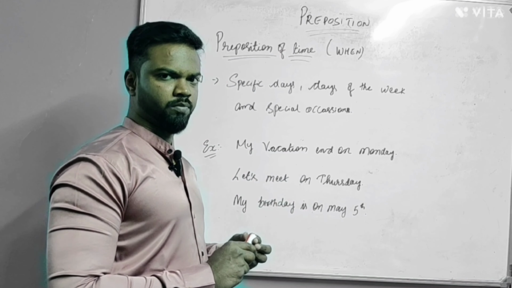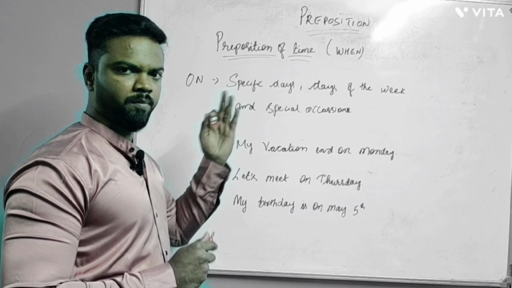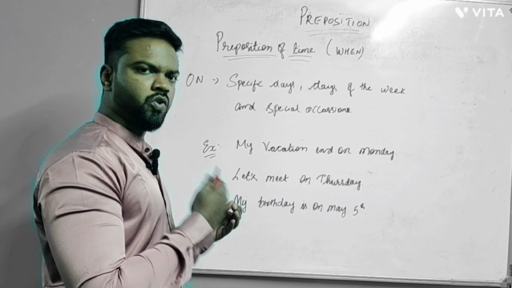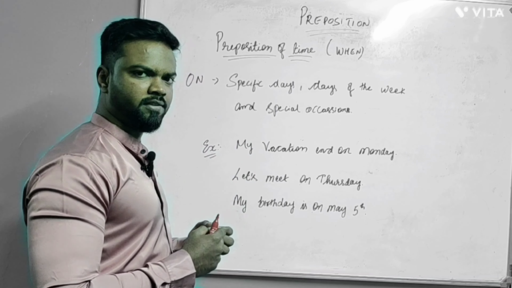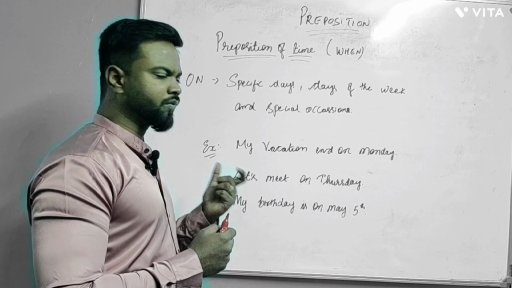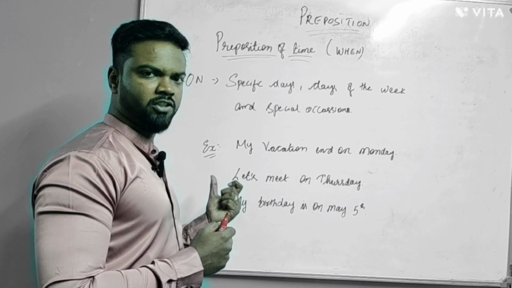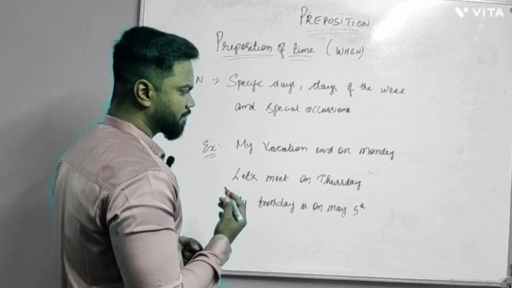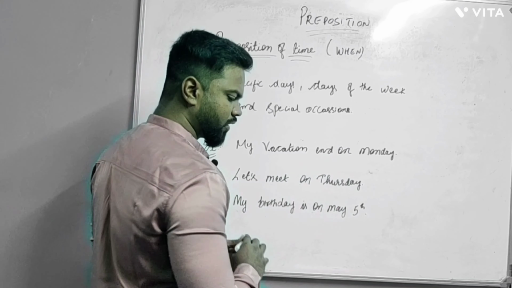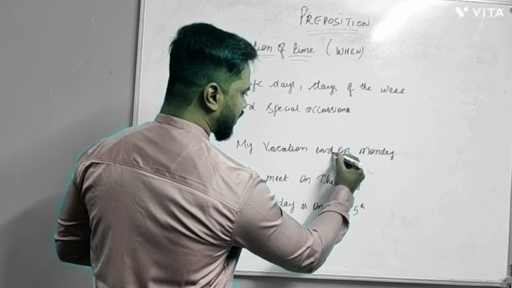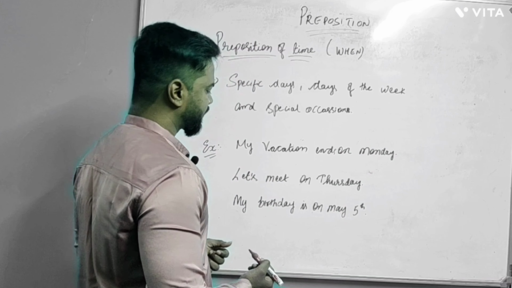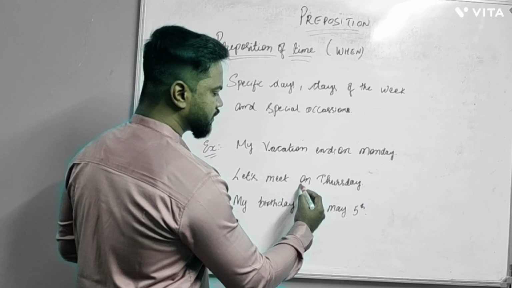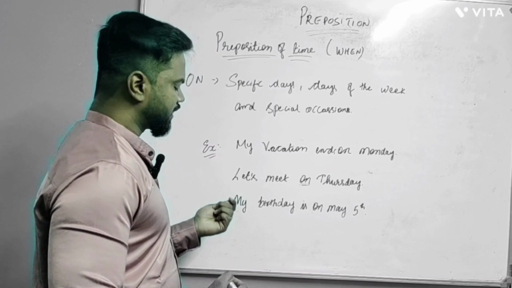Now let's move on to the next preposition, on, under preposition of time. We use on for specific days, days of the week, and for special occasions. Let's look at these examples. My vacation ends on Monday. Let's meet on Thursday.